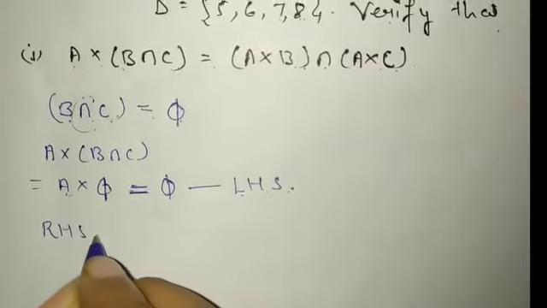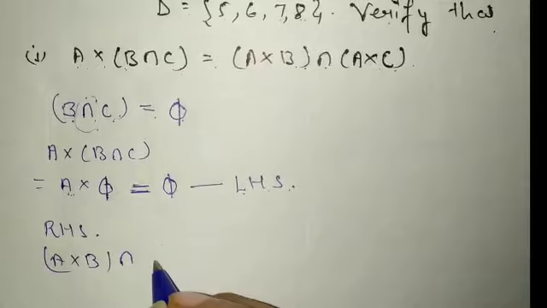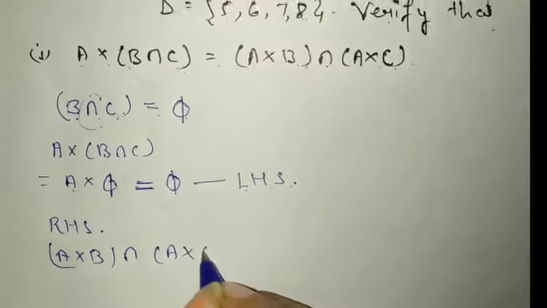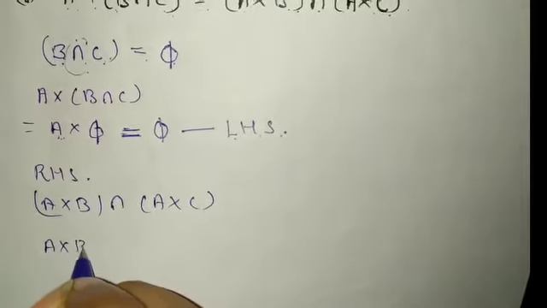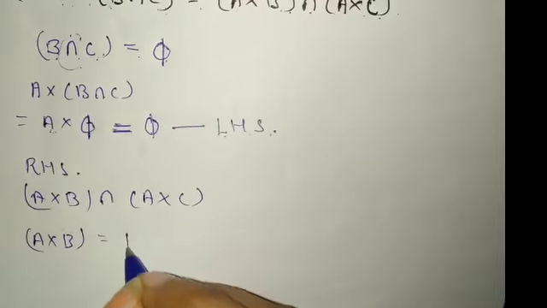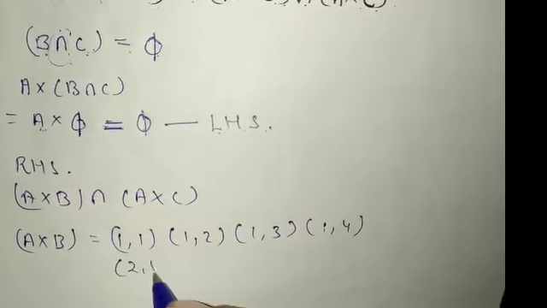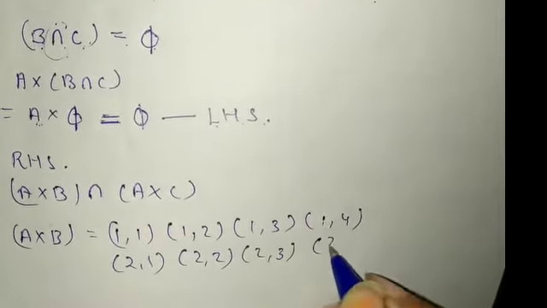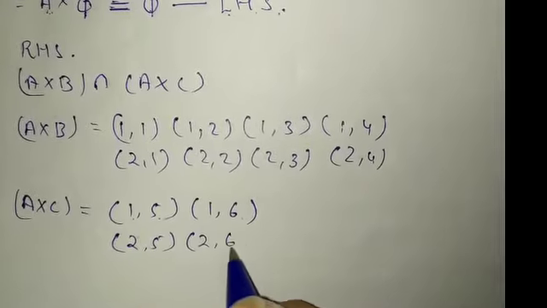Now in RHS, we have (A into B) intersection (A into C). First of all, let's find A into B, which is equal to (1,1), (1,2), (1,3), (1,4), (2,1), (2,2), (2,3), (2,4). And similarly, A into C is equal to elements (1,5), (1,6), (2,5), (2,6).